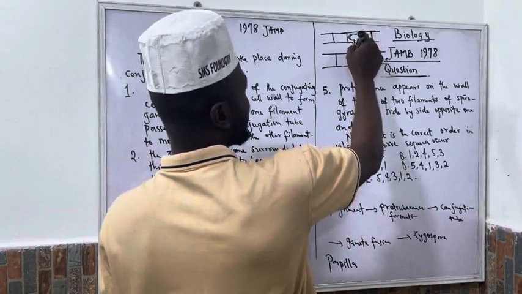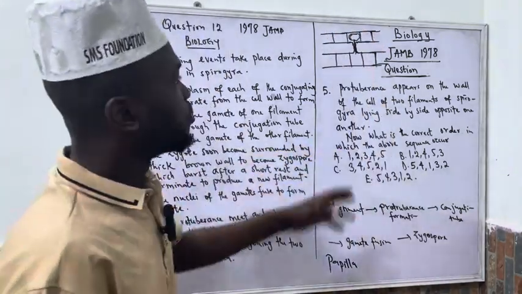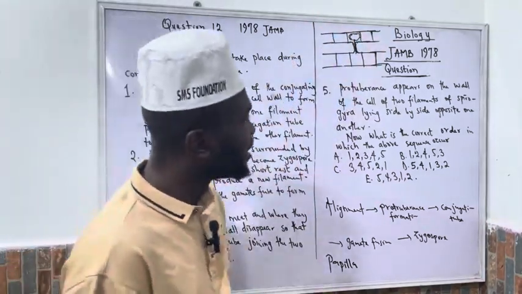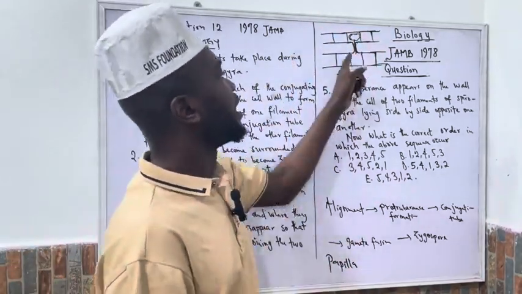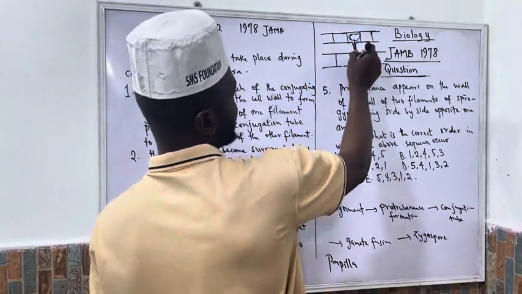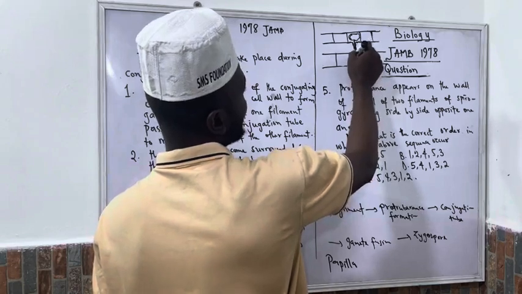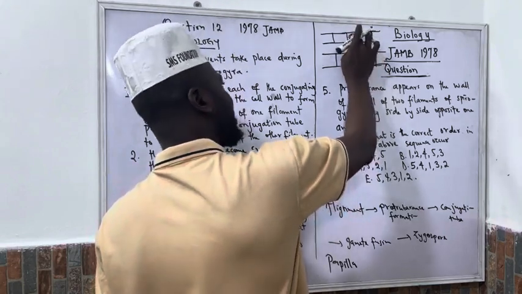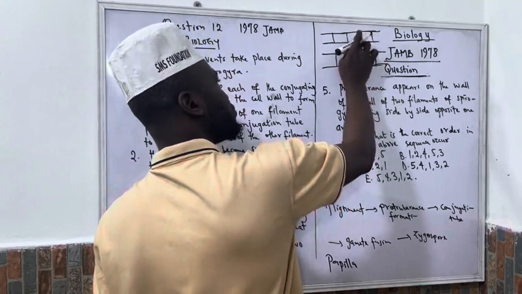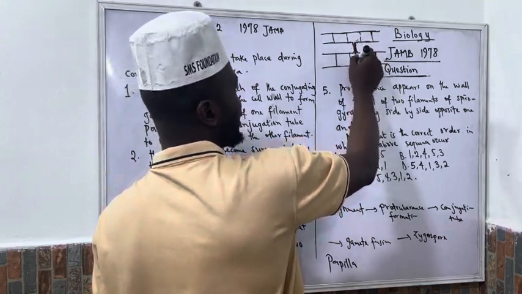It will completely shrink. The protoplasm will separate from the filament and come down to fuse together with the protoplasm of this. After some time, completely this will be gone. They will now be here.